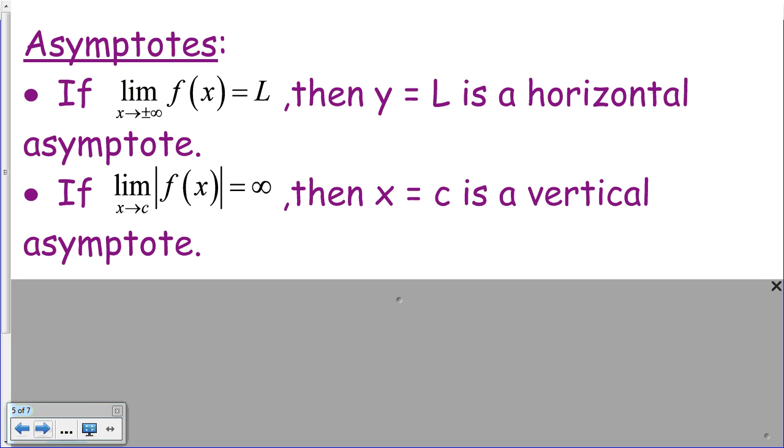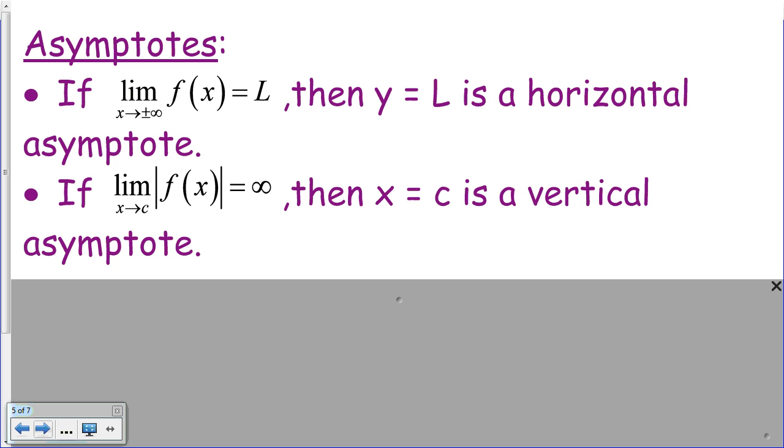And so because of that, I need to force both sides to be positive here in order to talk about this. So that's why we're throwing the absolute value of f of x in there. So it becomes positive on both sides. So if both sides are heading towards infinity, in other words, then x equals c is a vertical asymptote. Okay? And that's directly from what we saw in those first two definitions of limits.